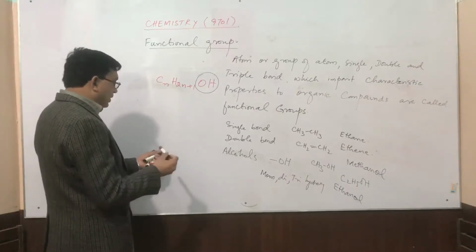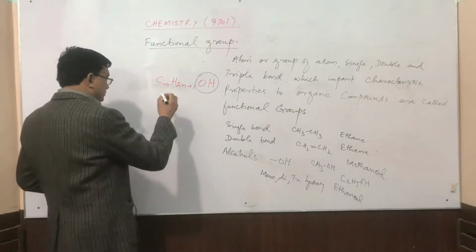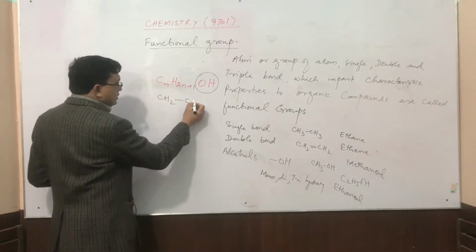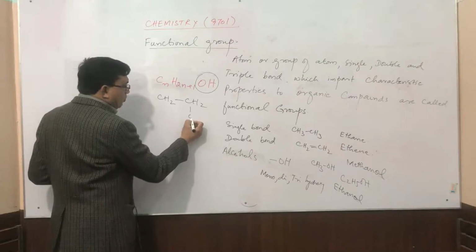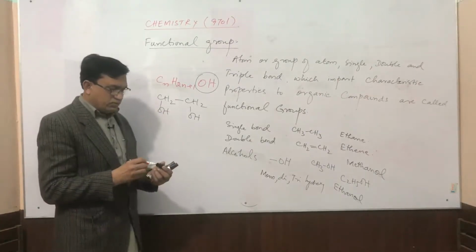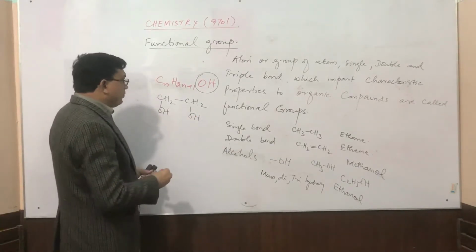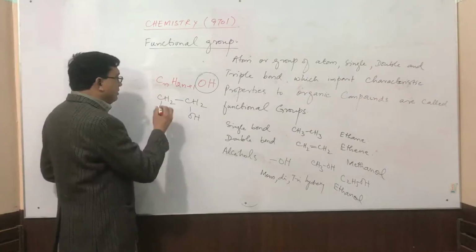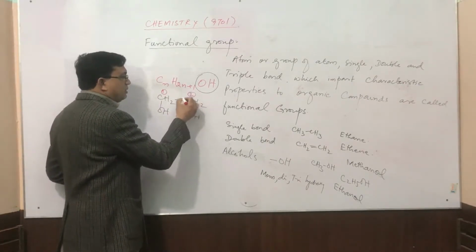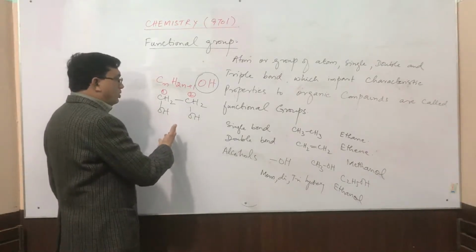For example, we can name this CH2, if both the carbon atoms contain an OH group. Then what will we do? We will number both the carbon atoms first. This is carbon 1, this is carbon 2.